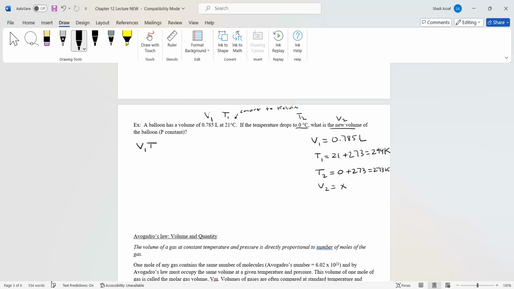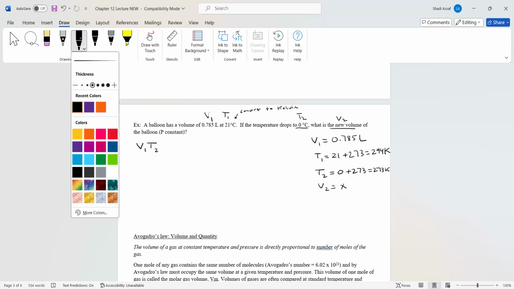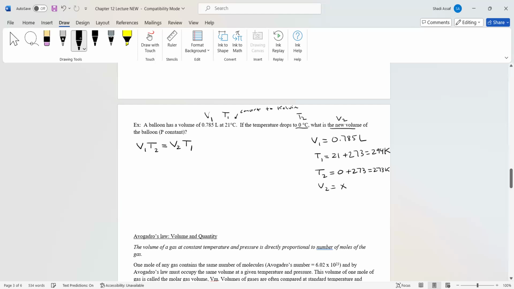So again, let's write down the equation. V1 T2 equals V2 T1. And what we're looking for is V2. So we divide each side by T1 to isolate it.